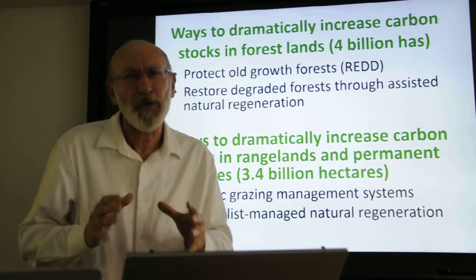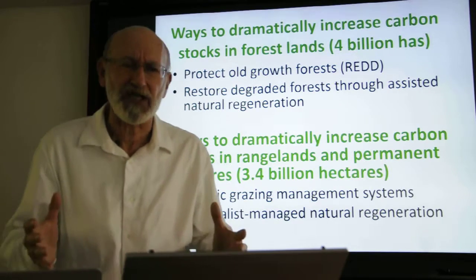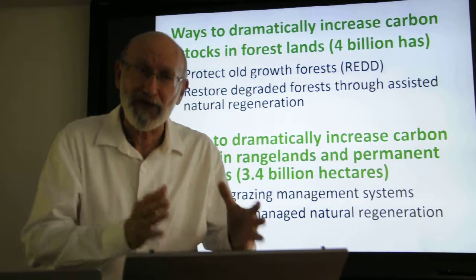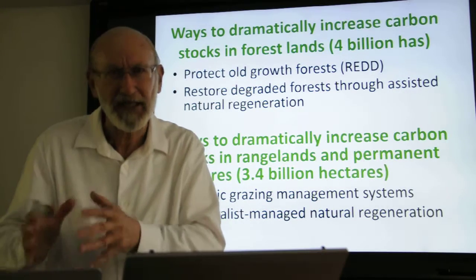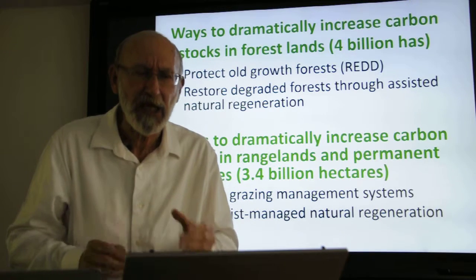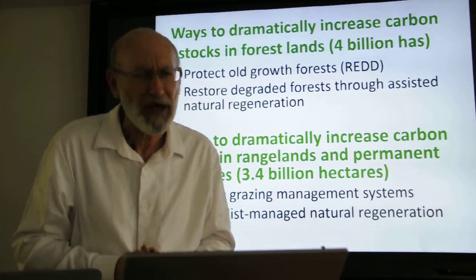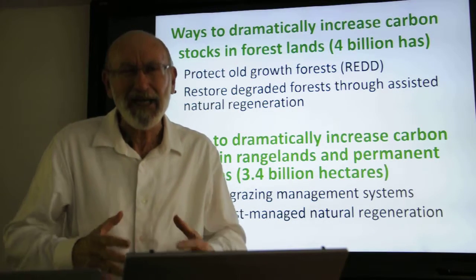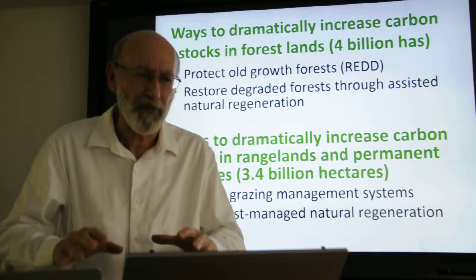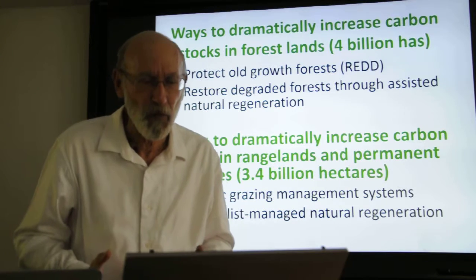Because, after all, we're not just talking about agriculture, we're talking about increasing carbon stocks in forest lands as well, which is 4 billion hectares in the world. Here we're protecting old-growth forests through the REDD type programs and restoring degraded forests on vast areas, which can most cheaply be done by assisted natural regeneration. And finally, ways to dramatically increase carbon stocks in rangelands and permanent pastures, of which there are 3.4 billion hectares in the world.